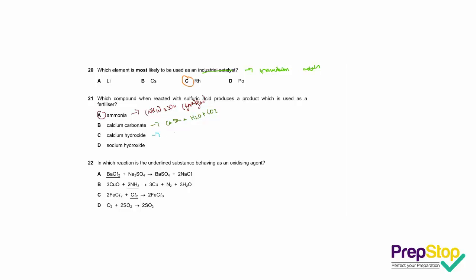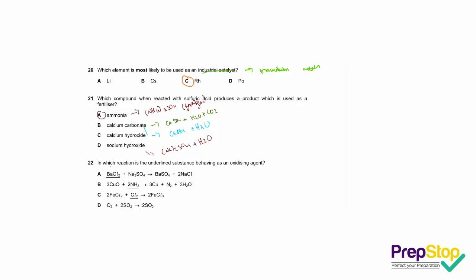Similarly, calcium hydroxide reacts with sulfuric acid to give calcium sulfate again and water, and we know that calcium sulfate is not a fertilizer. Sodium hydroxide reacts with sulfuric acid to give sodium sulfate and water, and sodium sulfate as well is not a fertilizer, so the correct answer to this is ammonia.